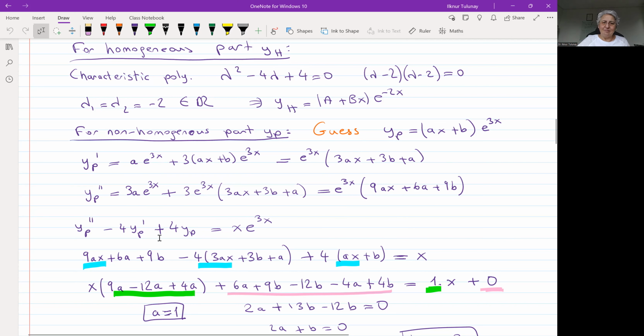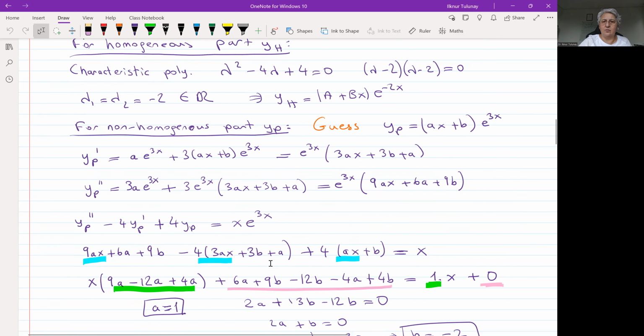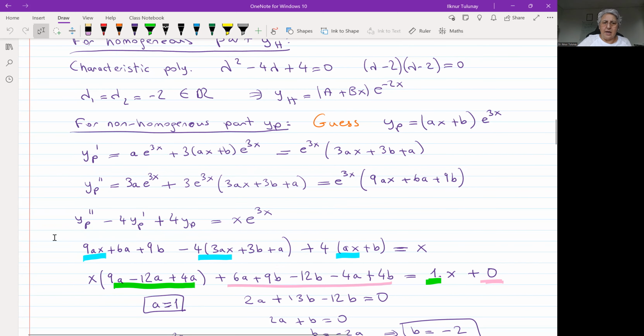Y double prime is this one, except for e to the 3x: 9ax plus 6a plus 9b. Then minus 4 times y prime, (3ax plus 3b plus a), plus 4 times the polynomial, ax plus b.